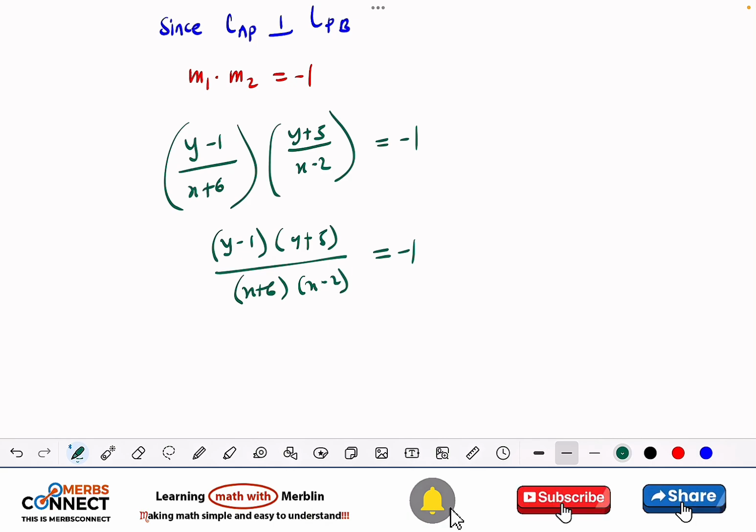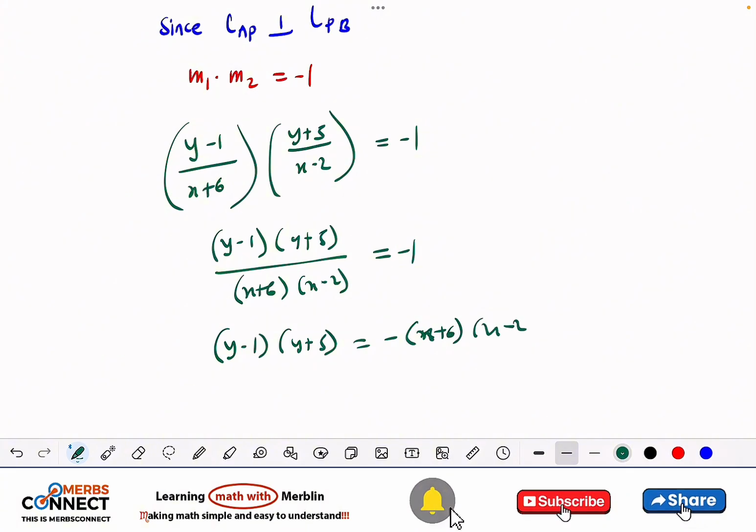When I finish, I will use the other approach to also teach you what you get with it. Y minus 1 times y plus 5 is equal to minus x plus 6 times x minus 2. I multiplied this by that.